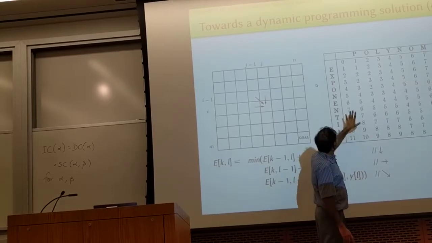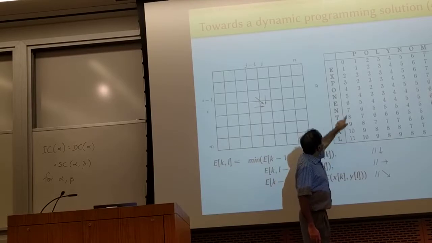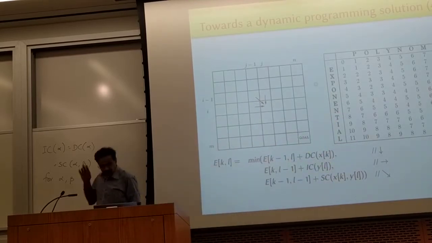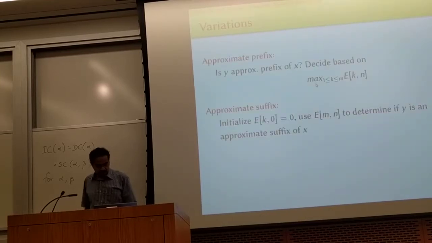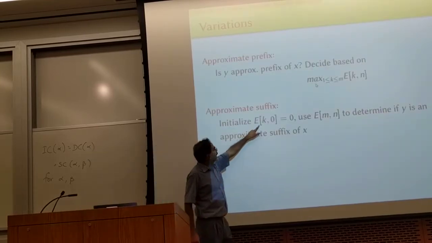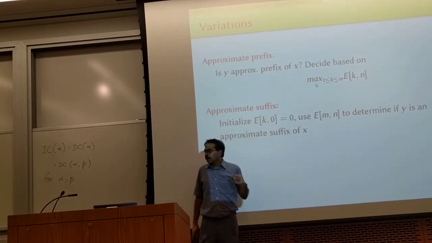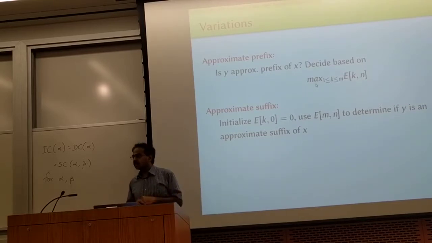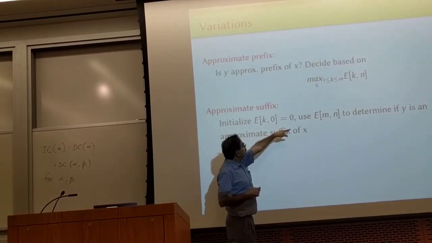What we are saying here is that if you want to look at the variant that we just discussed, this column will become 0. Which basically says you are free to drop any prefix. So to match a prefix of x of length k with the empty string costs nothing, because the empty string is always a suffix of any string.